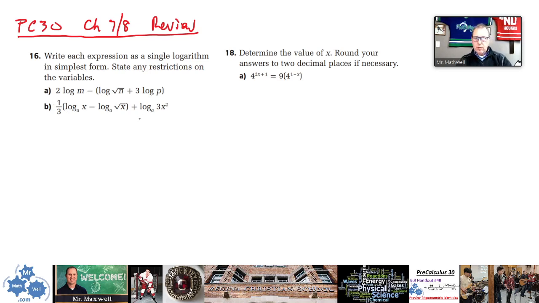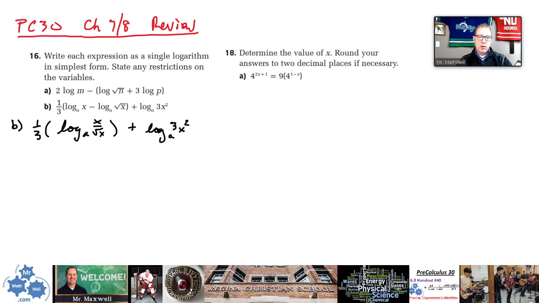Order of operations would probably say that we should do inside the brackets first to simplify this. So for b right here, let's leave the 1/3 out there. And because they both have the same base, this subtraction of logarithms means that we can write this as log base a of x divided by root x, plus this one over here, log base a of 3x squared.